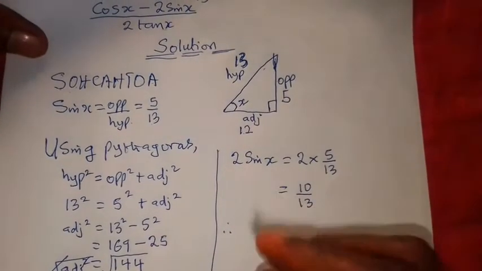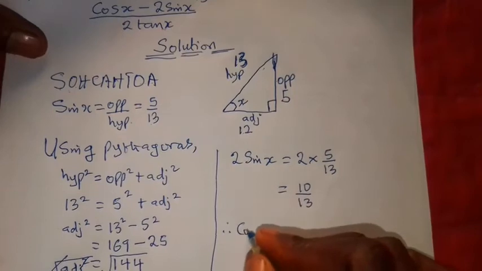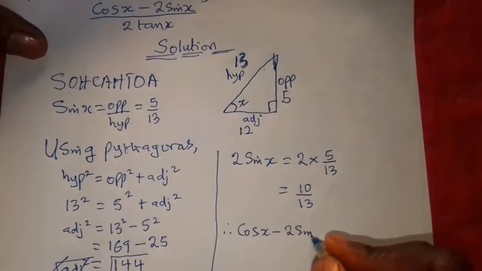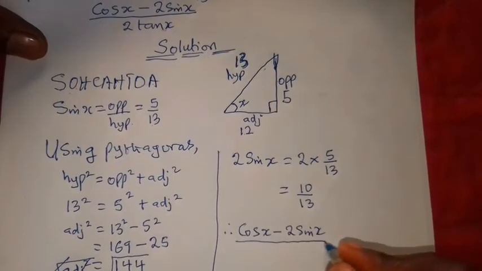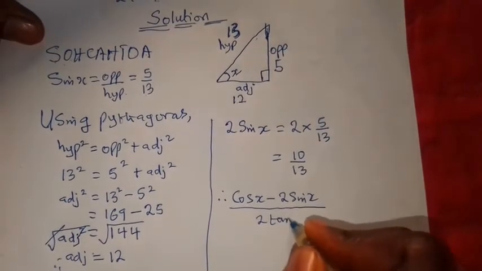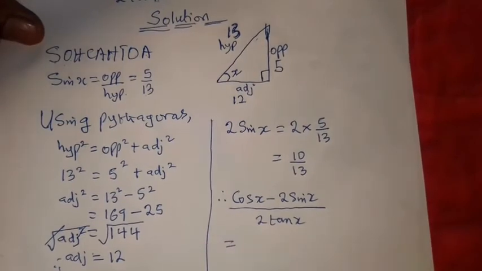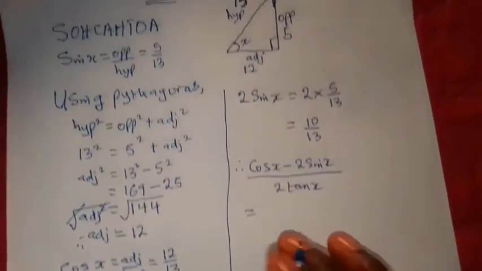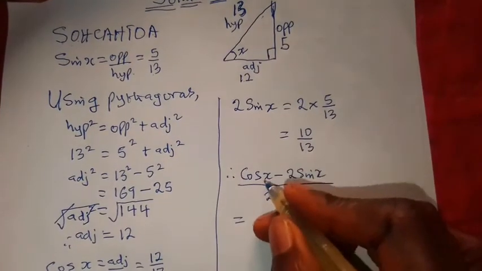We write our cos x minus 2 sine x, all upon 2 tan x, to be equal to the value for cos x. Well, as you can see, the value for cos x is 12 upon 13. We'll write it out to replace our cos x here.